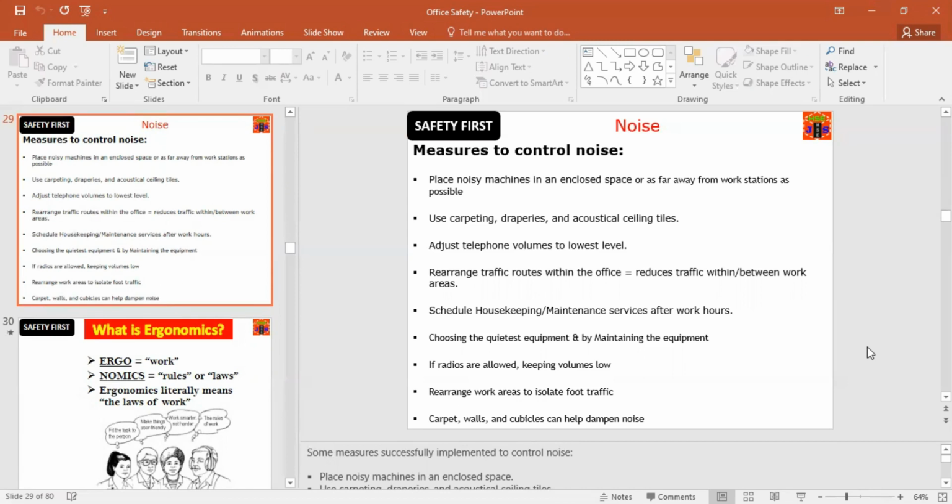Schedule housekeeping and maintenance services after working hours. Choose the quietest equipment and keep it quiet by maintaining the equipment. If radios are allowed, keep volume low and rearrange work areas to isolate foot traffic.